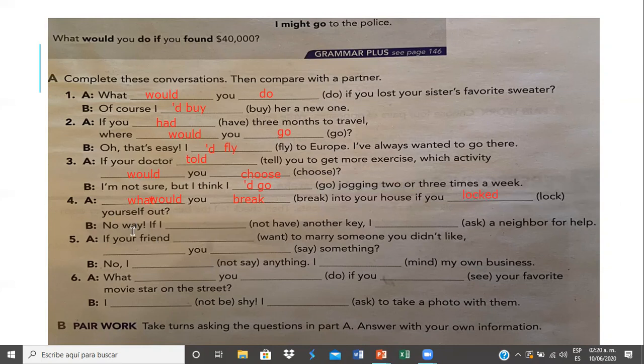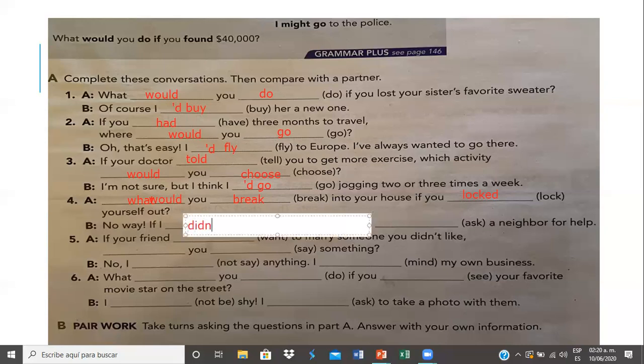No way. If I, okay, we have a negative here, not have, and we have the first part of the conditional. So what is the past of not have? Didn't. If I didn't have another key, I would ask a neighbor for help.